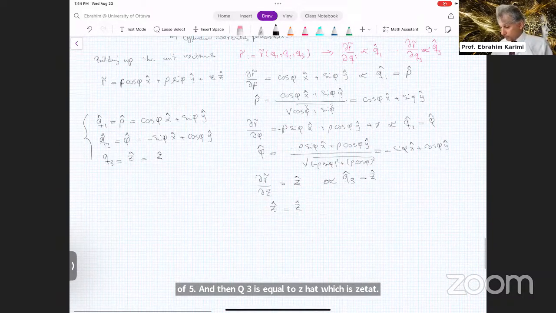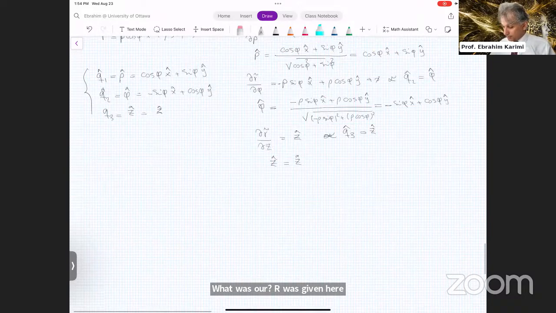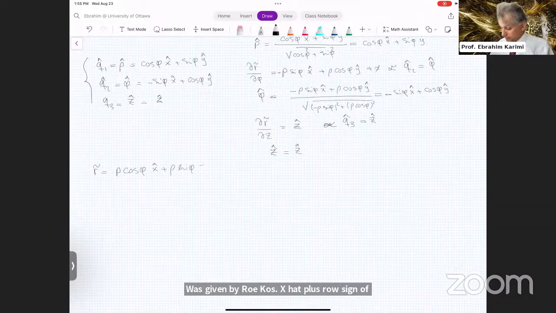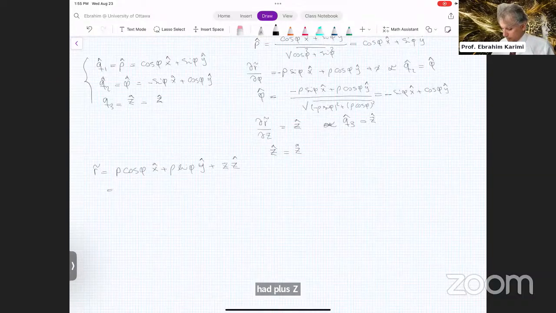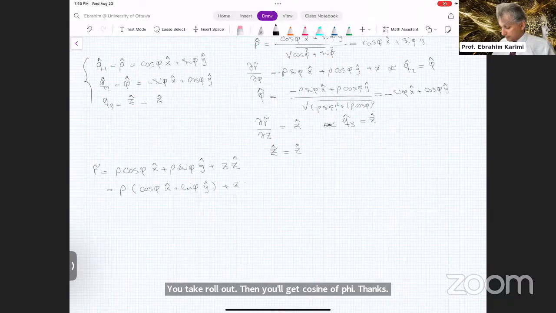What was r? r was given here, right? So r was given by rho cosine of phi x hat plus rho sine of phi y hat plus z hat. So you take rho out, then you will get cosine of phi x hat plus sine of phi y hat plus z hat.